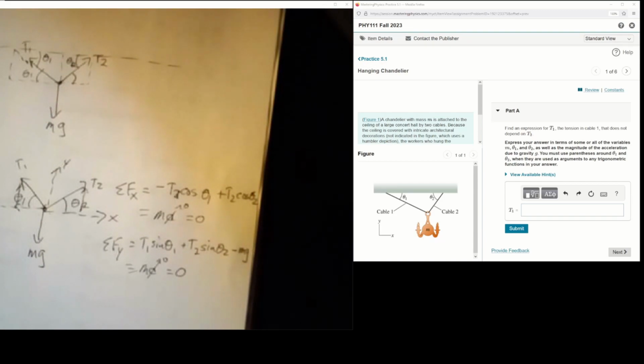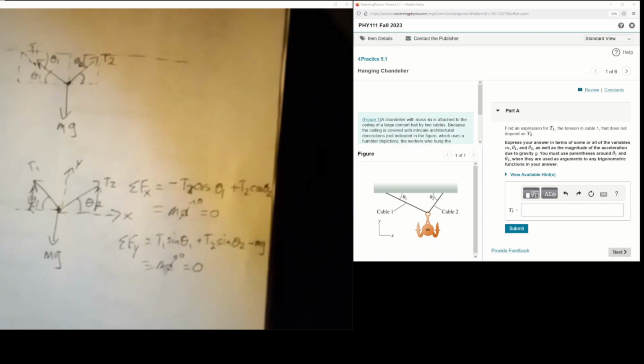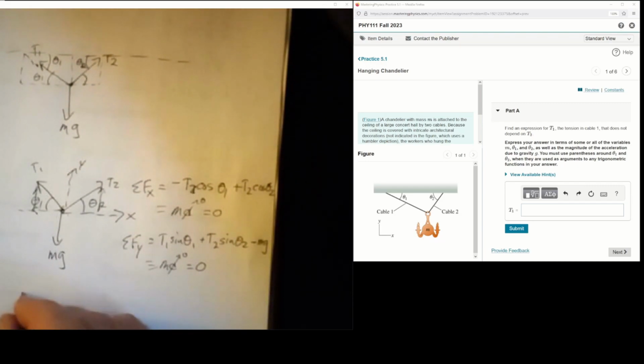And so we have these two results. From the x direction, we got minus T1 cosine theta 1 plus T2 cosine theta 2 equals 0.